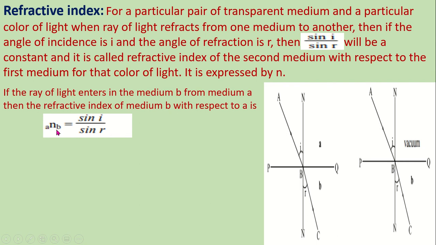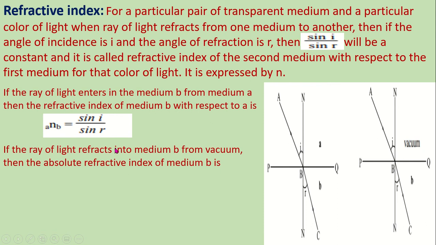So aNb means light is coming from medium A to medium B, that is, light is entering from medium A to medium B. So aNb equals sin i by sin r. That means the sine of the angle of incidence to the sine of the angle of refraction is a constant, and that is known as the refractive index, which is denoted by n. So here aNb means light is entering from medium A to medium B.